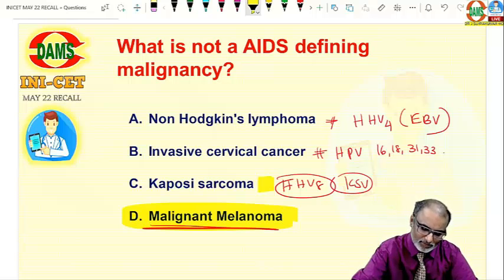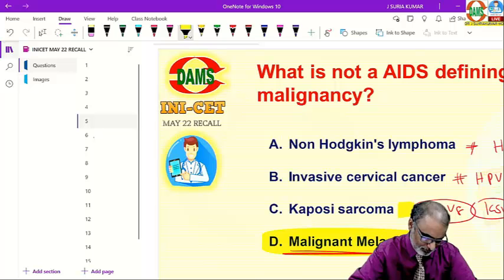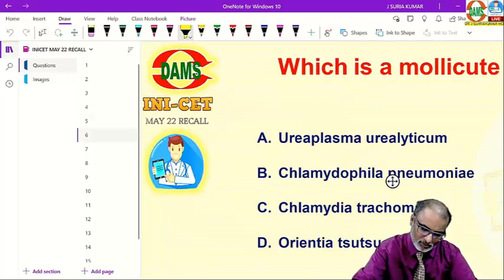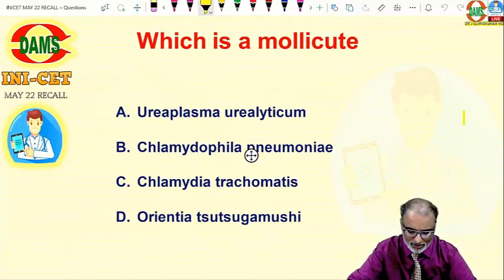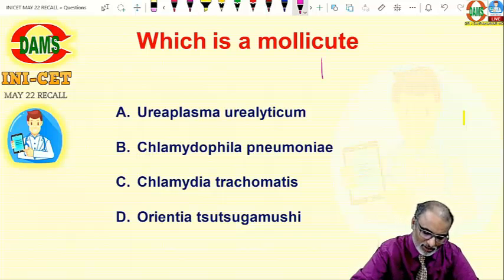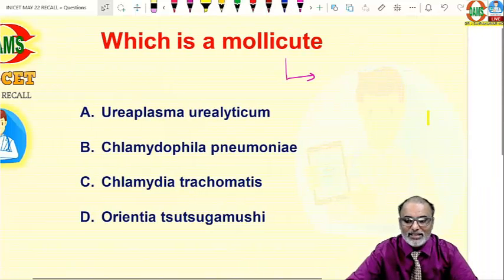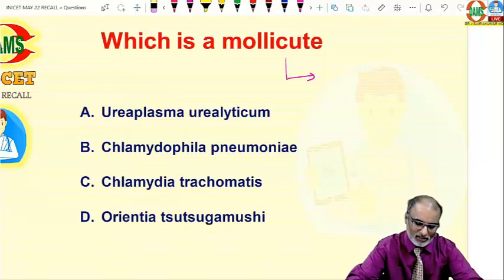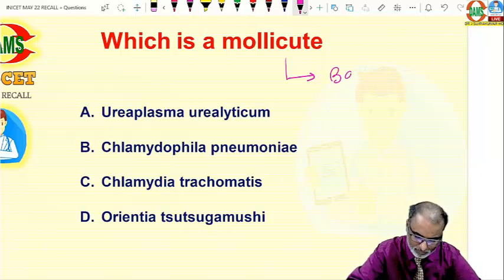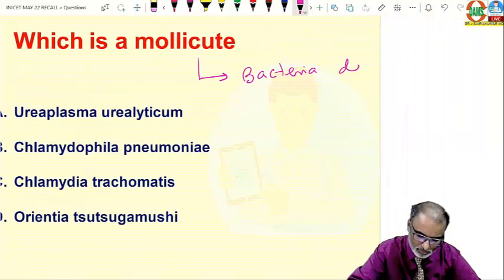Next is a tricky question. If you know the terminology, you can answer. Which is a mollicute? What is a mollicute? Mollicutes are nothing but bacteria without cell wall, a group of bacteria devoid of cell wall.